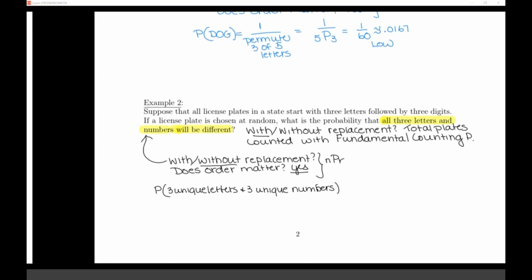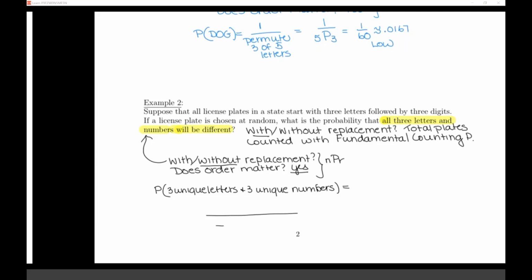Let's see how we would build that. Let's consider a plate where we're allowing all letters and all numbers to repeat. That's the denominator, the total number of ways to select 3 letters out of 26 and 3 digits out of 10, allowing for repetition.